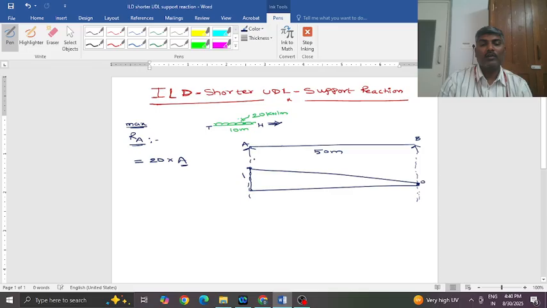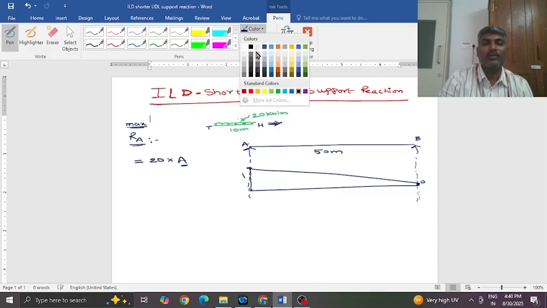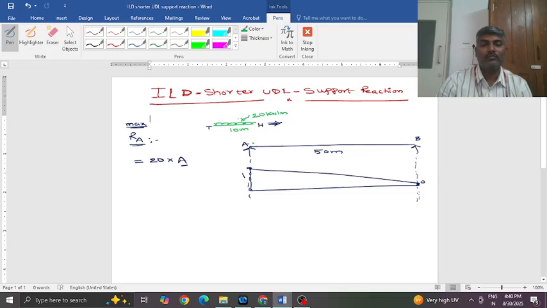By visualization, by physical observation, you can see that if you place the load like this, the 10 meters is going to occupy the 10 meter span. If you keep your load like this, it is going to have the maximum area of ILD occupied.